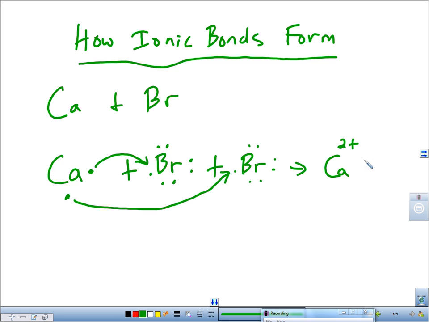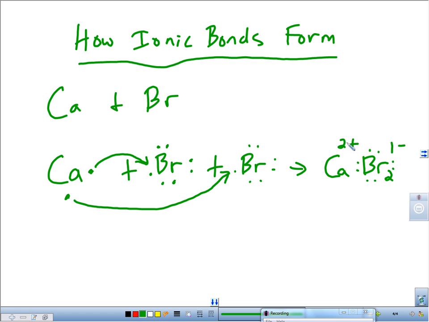And we have bromine now next to it, 2 of them. We can draw it like this, that's fine. Showing that there's 2 of them now. With 8 valence electrons, and each bromine has what charge? Each bromine, 1 minus.